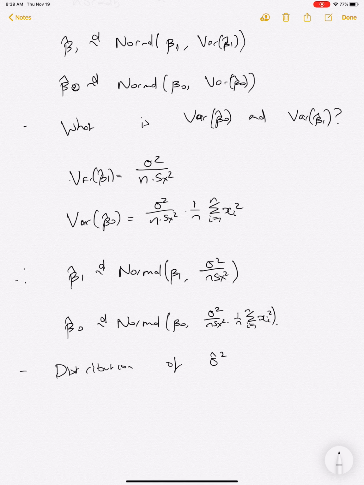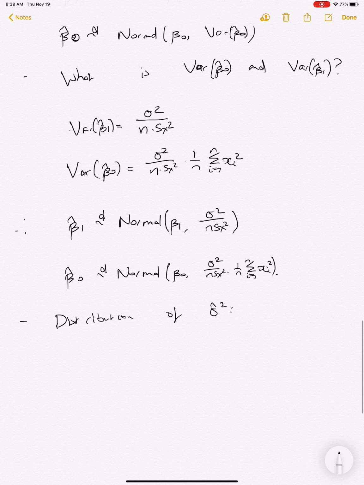The next thing that we need to worry about, and this is going to be pretty useful particularly when sigma squared is unknown, is the distribution of sigma hat squared. Potentially some of you could already guess that we know that sigma hat squared is equal to RSS over n minus 2, where this is the residual sum of squares.